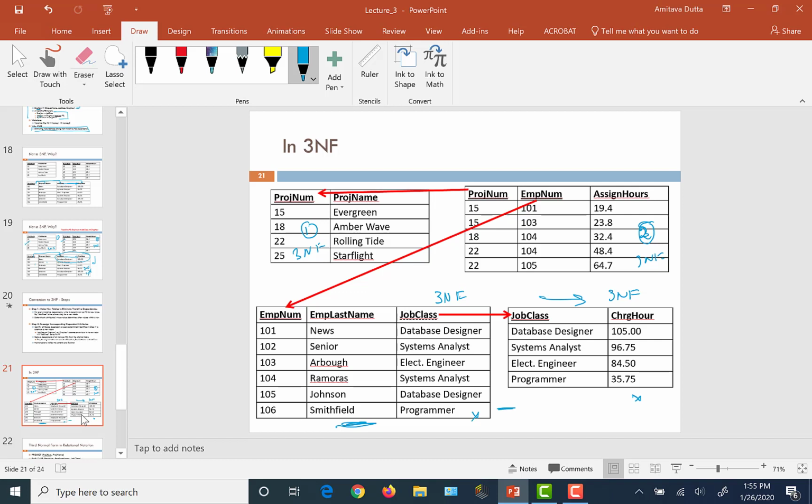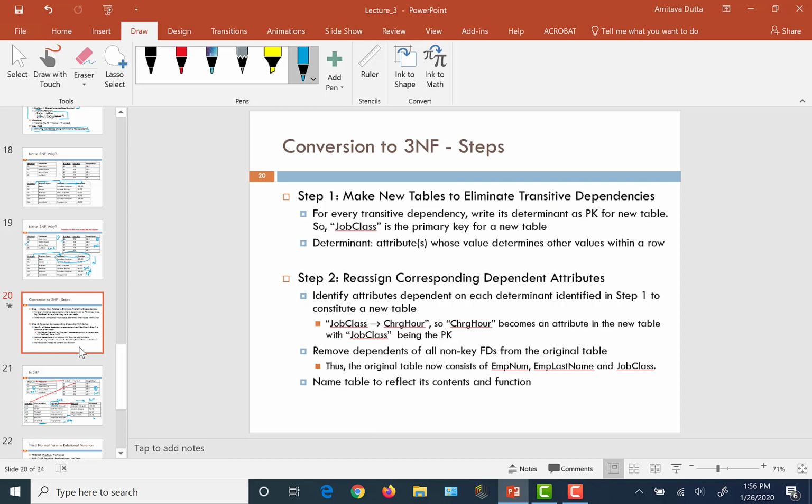We did the split in such a way that we can combine these 2 tables back together again. So do you see that even though I pulled out job class and hourly charge, the job class remains in the employee table as a foreign key, so that I can connect these 2 tables back together again. So the general process of removing transitive dependencies to get a relation in third normal form is given over here.